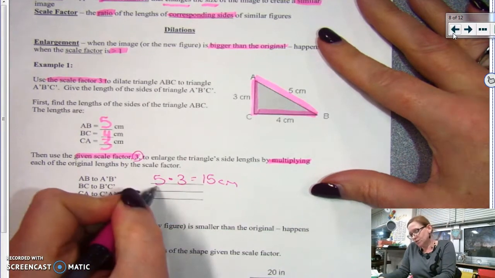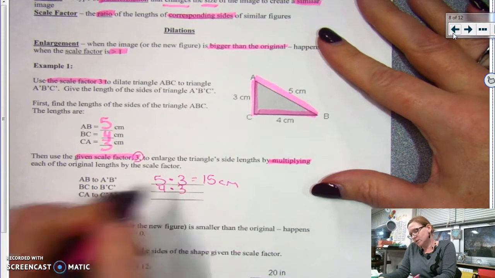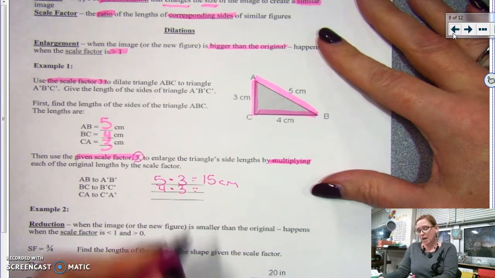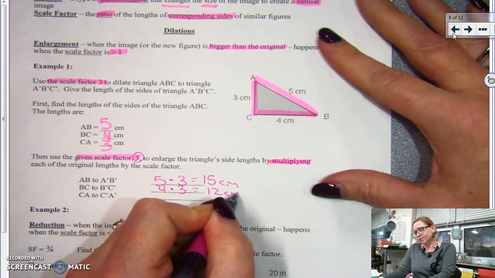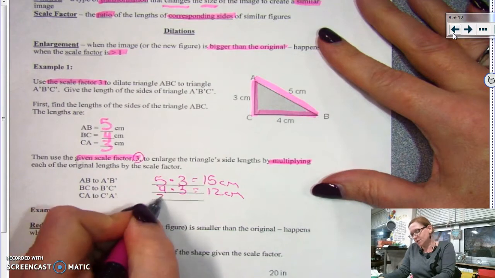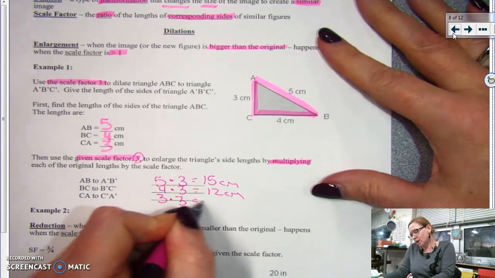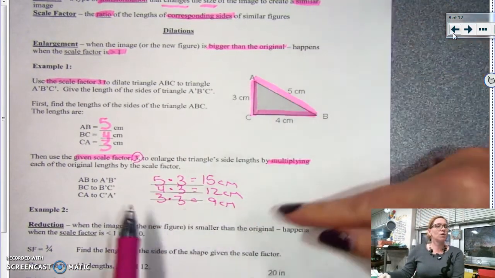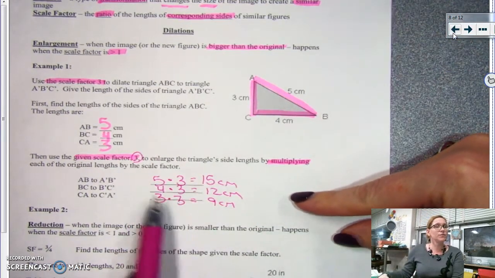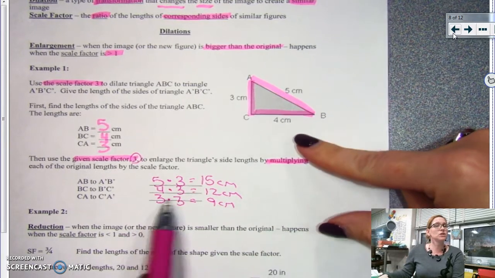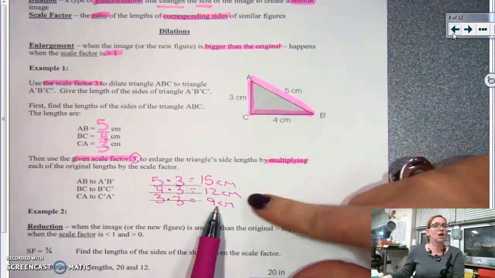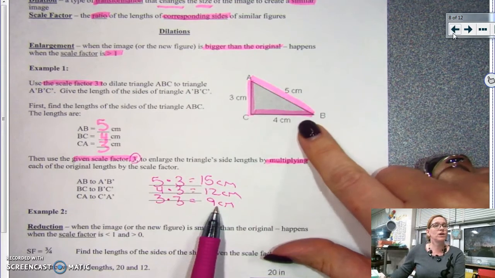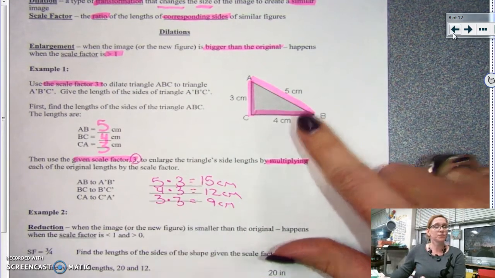Okay, B to C was 4. Increase it by the scale factor. 4 times 3 is 12 centimeters. And the last one, C to A, is 3. Multiply it by 3, and we get 9 centimeters. So that is how we would apply our scale factor to the original dimensions to get our new dimensions. And that's how big the new triangle would be if we increase this 3 times the size.